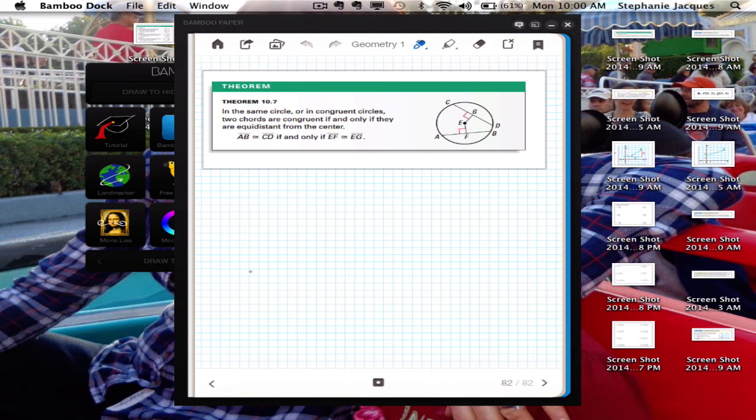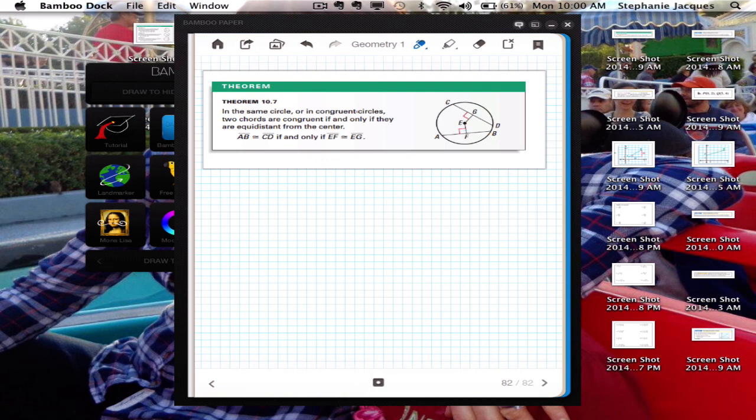Okay, and let's look at the last theorem. In the same circle or in congruent circles, two chords are congruent if and only if they are equidistant, meaning same distance, from the center. So you have your chords, and what you do is you measure from the chord to the center, and the other chord to the center, and then you compare those.